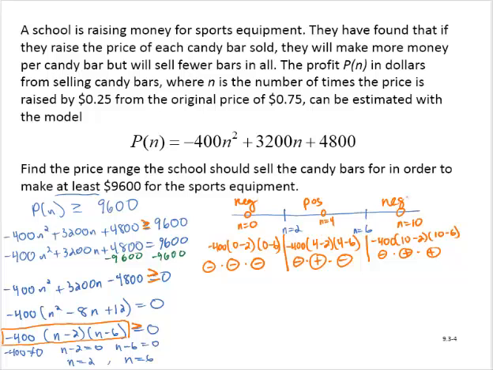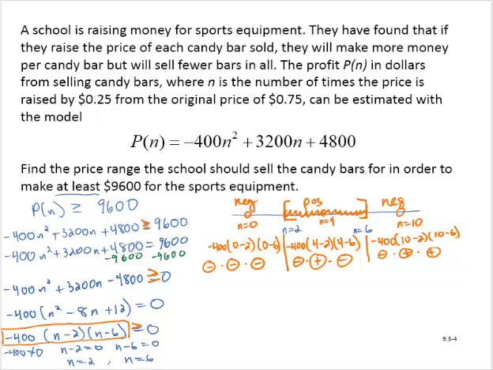So here's what I see from this. Negative 400 times n minus 2 times n minus 6 is greater than or equal to 0 on this interval from n equals 2 to n equals 6. And so that's equivalent to then having the profit greater than or equal to 9,600.